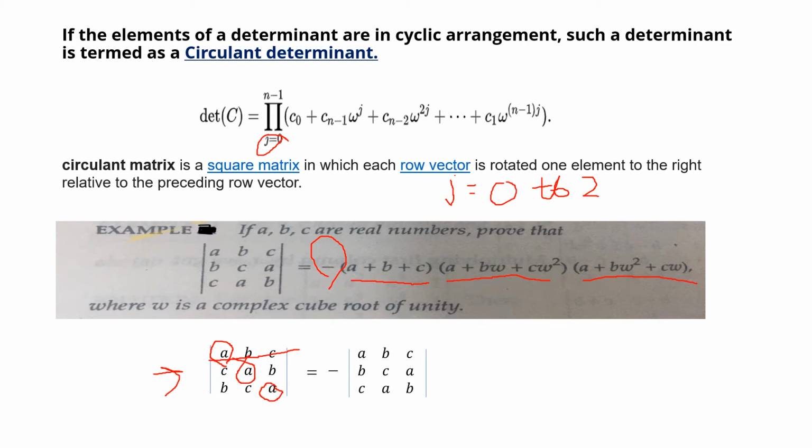Here you will see the difference in the second and the third row. When you interchange these two rows, you are going to get the original circulant matrix for which the formula was valid.